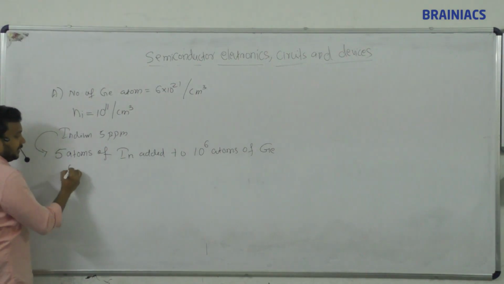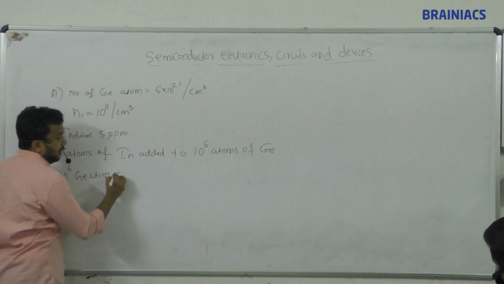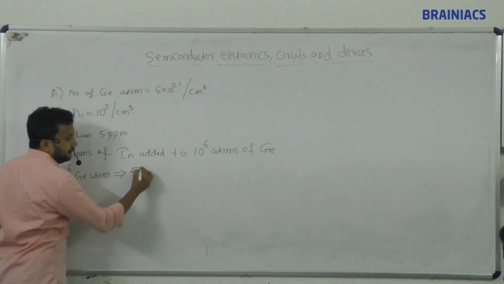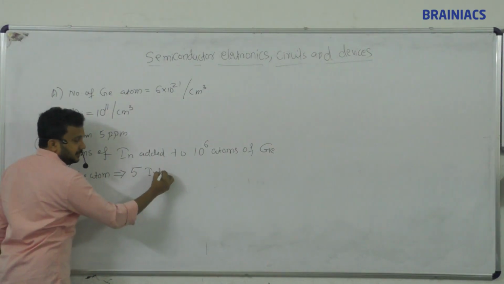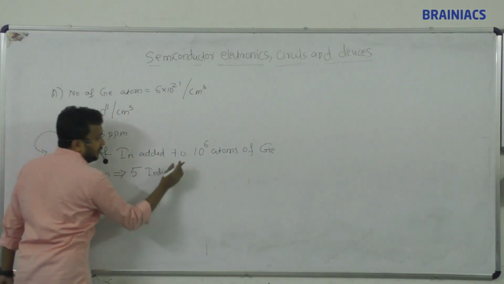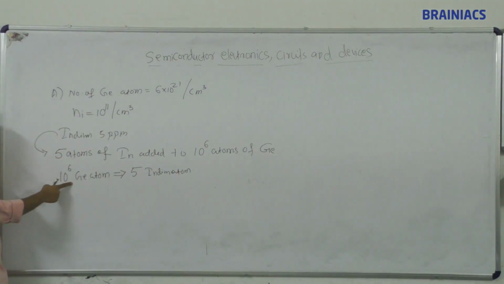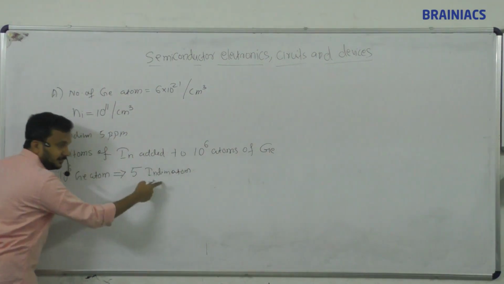In a reverse way I can say 10 power 6 germanium atoms have how many indiums? 5 indiums. I have to write 5 indium atoms per 10 power 6 germanium atoms.